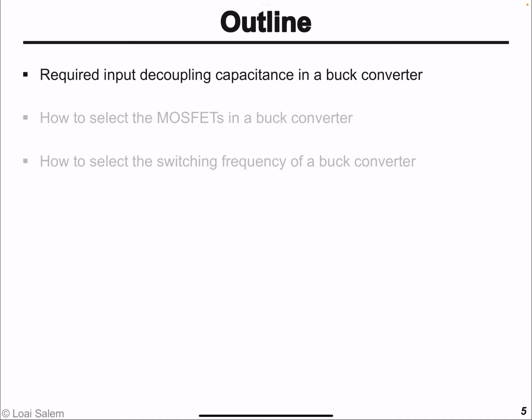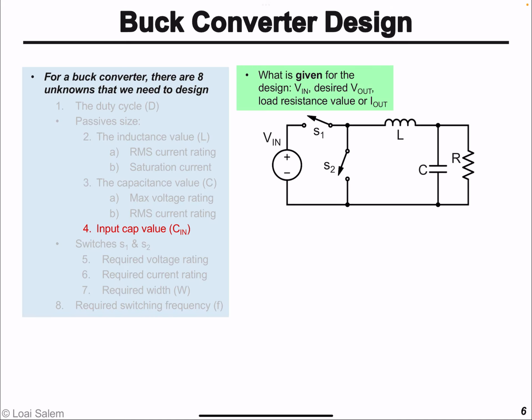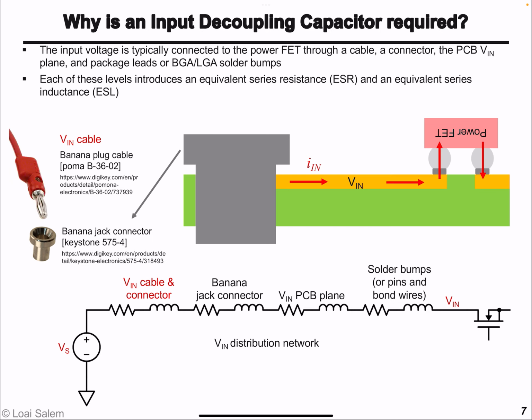Now to the required input decoupling capacitance in a buck converter. First of all, why do we need an input decoupling capacitance? Well, we're going to connect the transistors S1 and S2 in a buck converter, as well as the inductor, output decoupling capacitor, and the load resistor, and assemble all of these into a board.